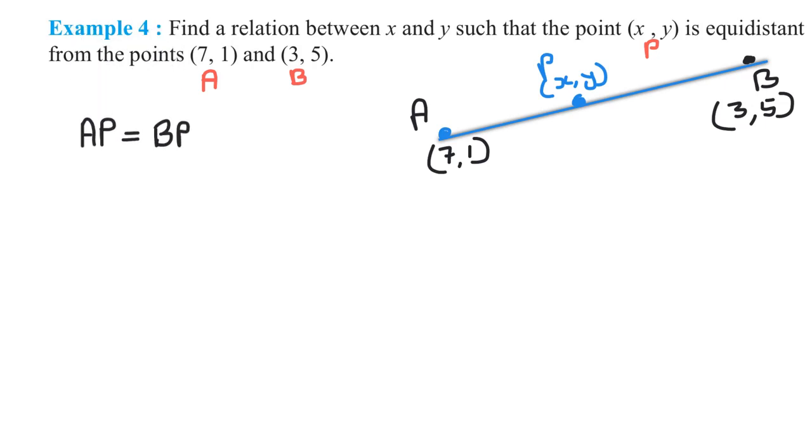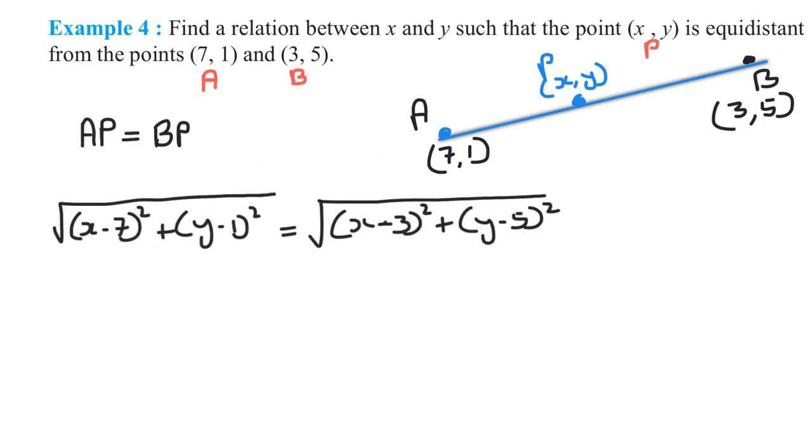Now we can figure out the distance AP by applying the distance formula, and BP by applying the distance formula. For BP, that is going to be the square root of x2 minus x1 the whole square plus y2 minus y1 the whole square, which is equal to BP: x minus 3 the whole square plus y minus 5 the whole square.